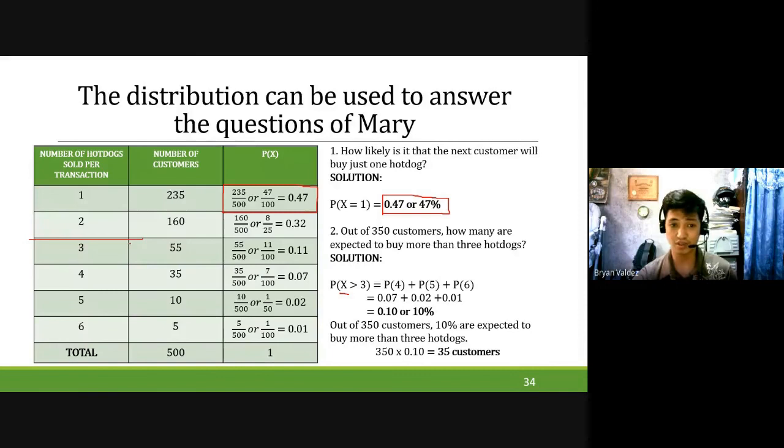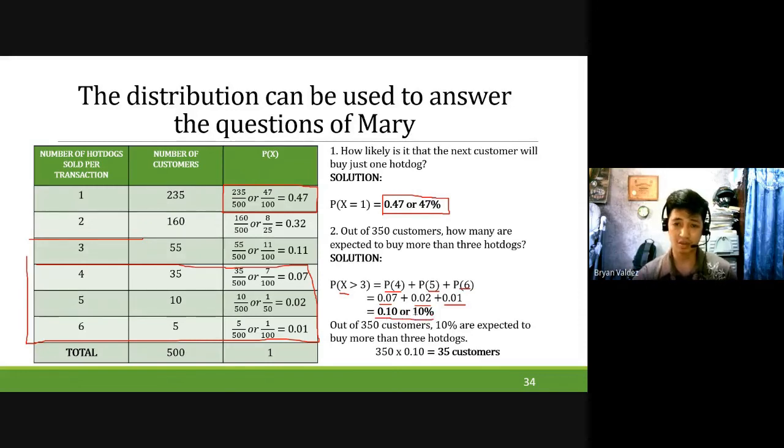Hindi included yung 3, no? Kasi it should be greater than 3. So, 4, 5, and 6. Get the equivalent probability for 4, 5, and 6. That is 0.07, 0.02, 0.01. That will give you 0.10 or 10%.